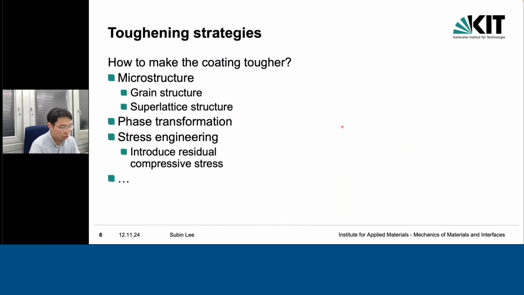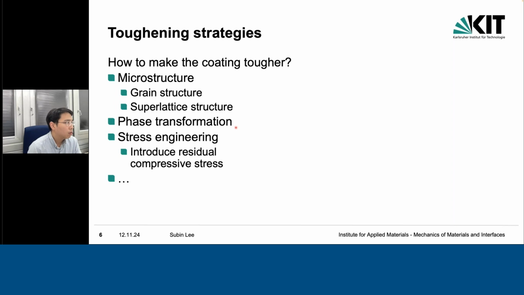People have tried to improve their fracture toughness by very different methods. For example, one of the most popular approaches is introducing interfaces inside the material. For example, they put some phase boundaries or twin boundaries or some other grain boundaries so that a crack can deflect or we can trigger the crack to consume more energy, which can improve the fracture toughness.